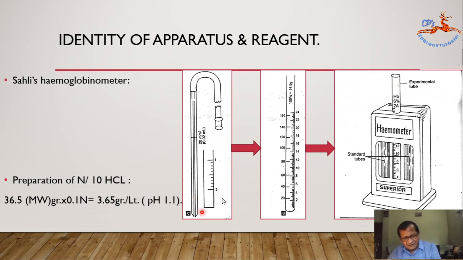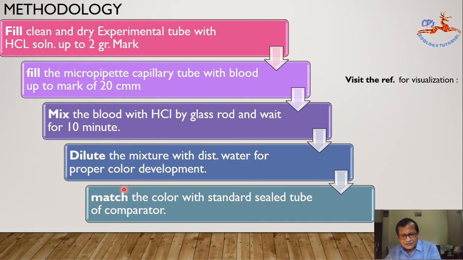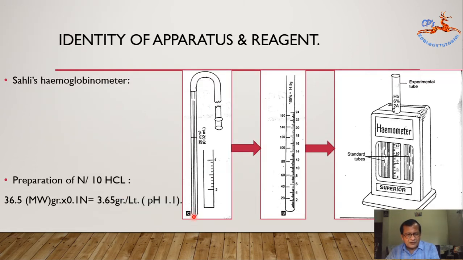Now, with the second step, the capillary micropipette should be filled with blood up to 20 cmm. This is the capillary tube. Blood is sucked in, and it will be sucked in up to this point, that is 0.02 ml.